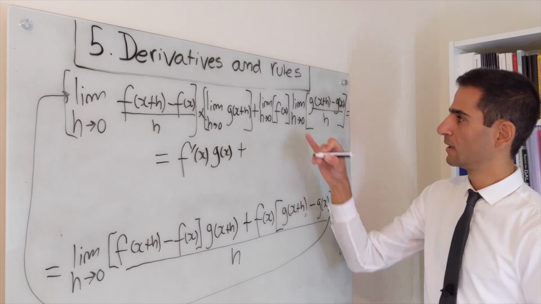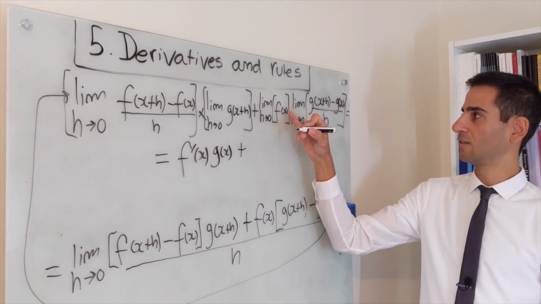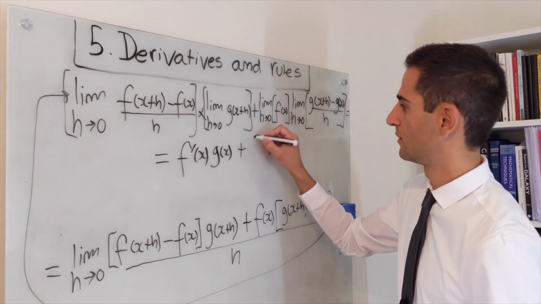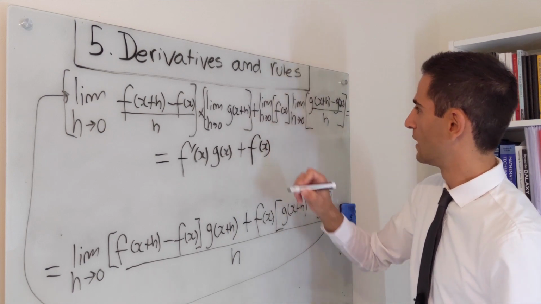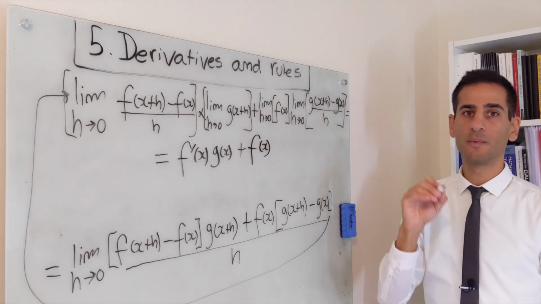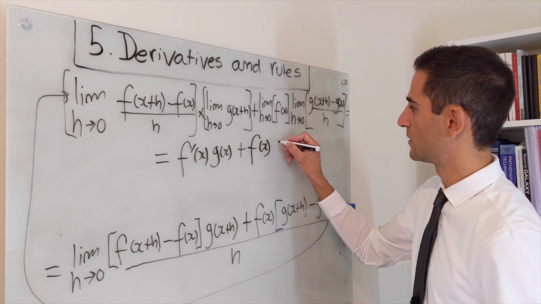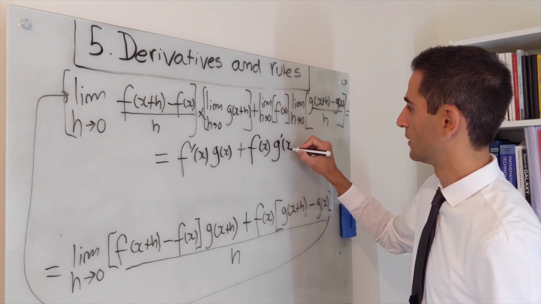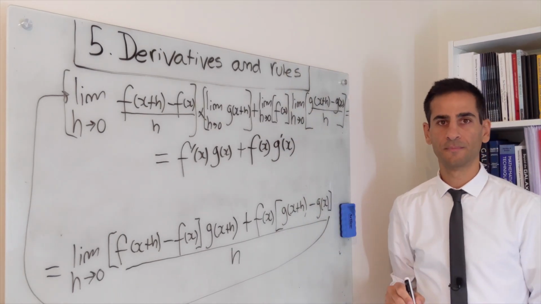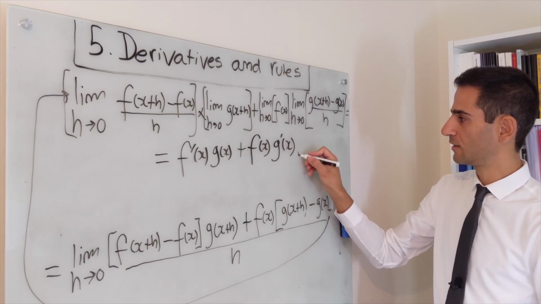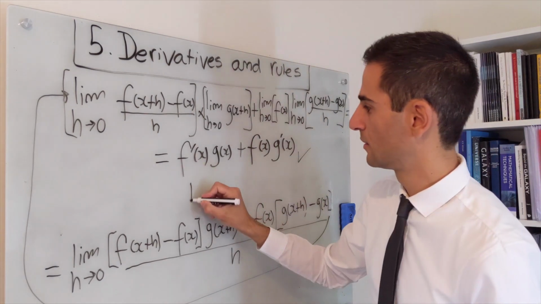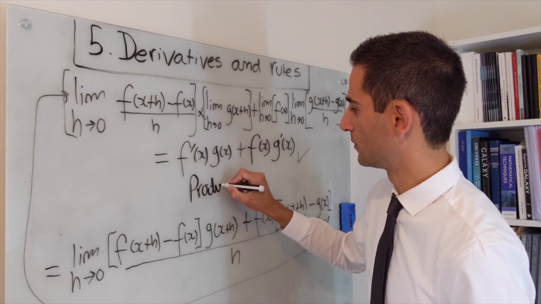Plus, in this case, when h goes to 0, f of x just goes to f of x. And this limit from first principles is the derivative of function g of x. So it means that we have demonstrated the product rule.